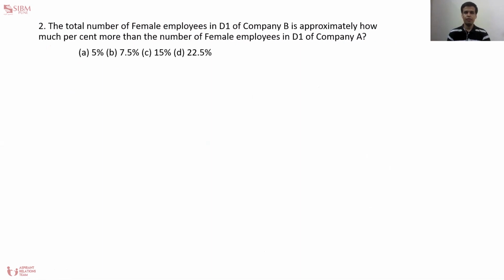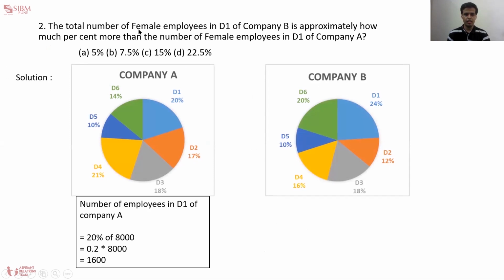The total number of female employees in D1 of company B is approximately how much percent more than the number of female employees in D1 of company A? The number of employees in D1 of company A can be calculated by looking at the chart. So D1 has 20% of the total number of employees, which comes out to be 20% of 8,000, which is nothing but 1,600.